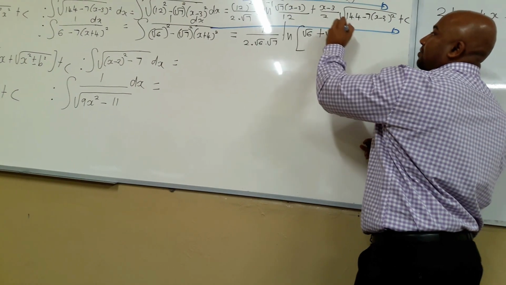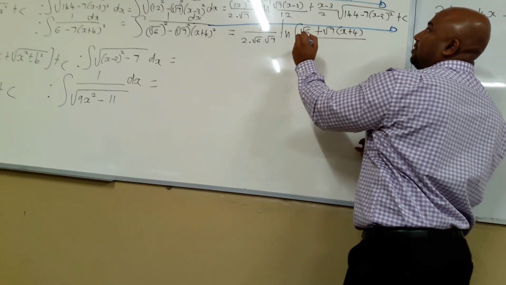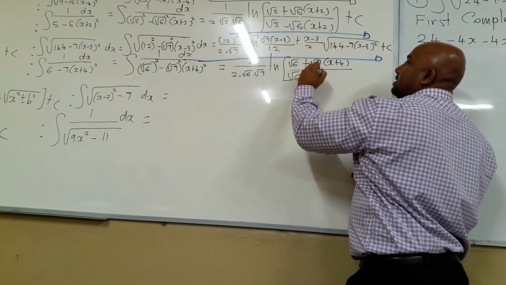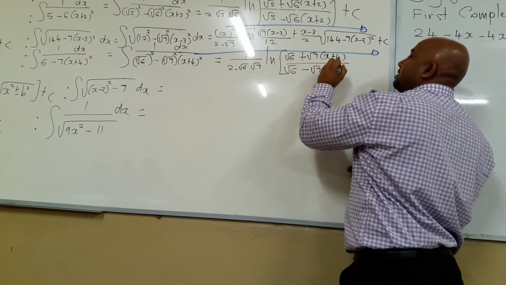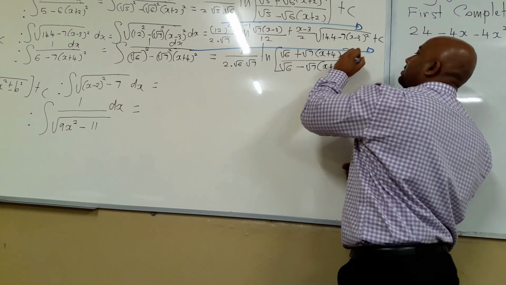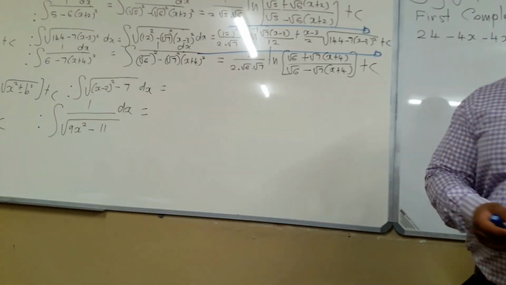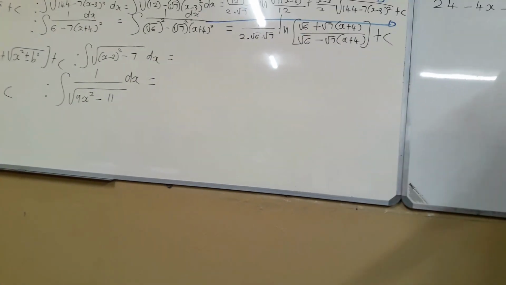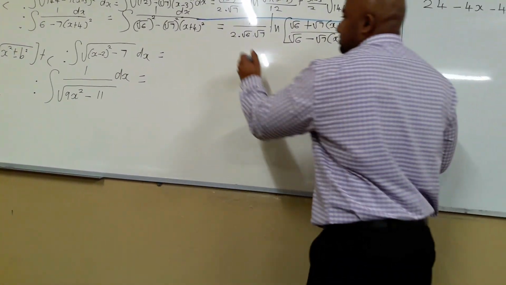What is my x here? x plus 4. In the bottom, the square root of 6 minus the square root of 7 times x plus 4, and you're done. All we're doing is copying down or putting into the correct place our a, b and x at the moment.